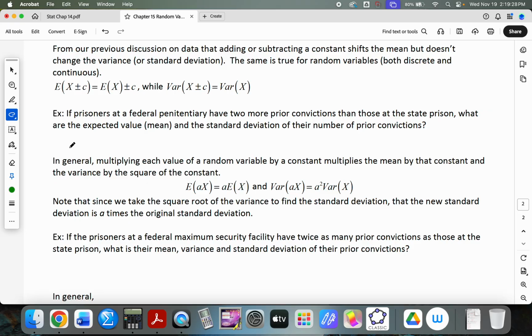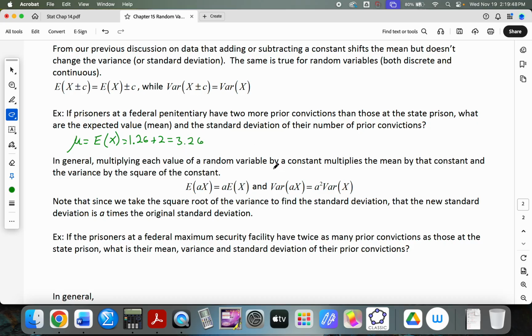Well, the mean is just going to be what we expected before, which was 1.29 plus 2. Everybody's got 2 more. Woohoo! Oh, that's not good. Convictions, right?